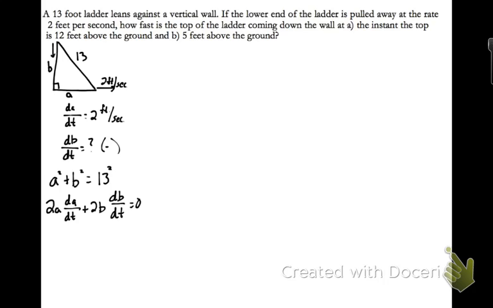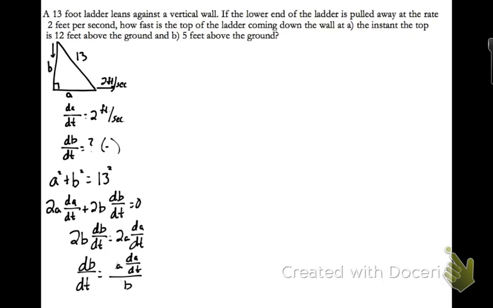And since what we want to know is dB/dt, if we solve this equation for dB/dt by first subtracting and then dividing, we'll find that dB/dt equals negative 2a dA/dt over 2b, or dividing out the 2's, a times dA/dt divided by b is equal to dB/dt.